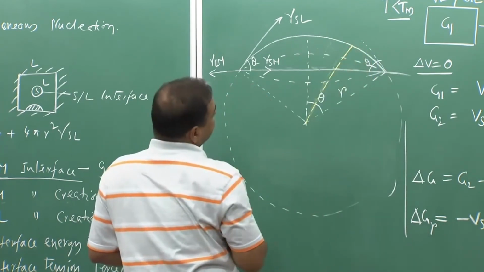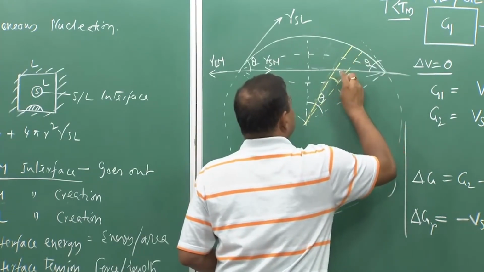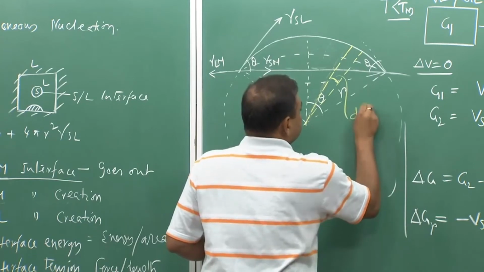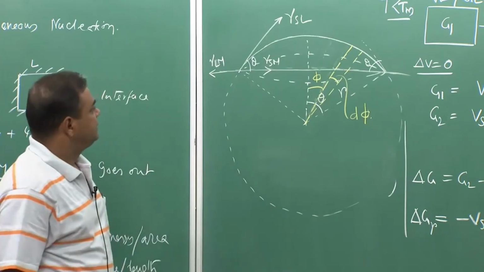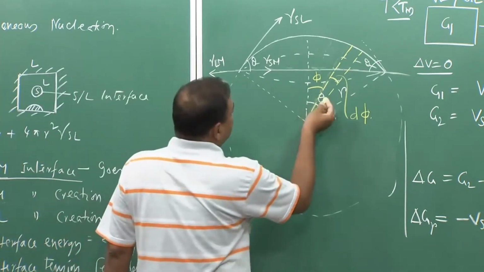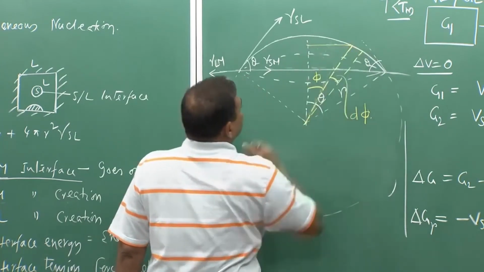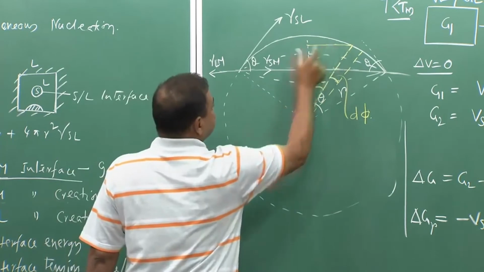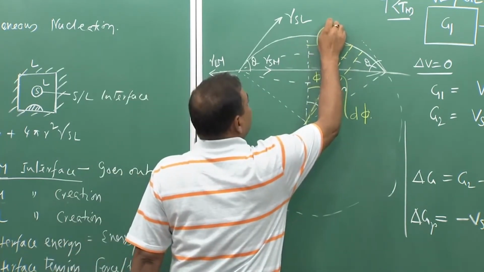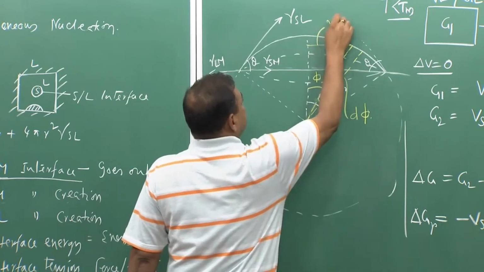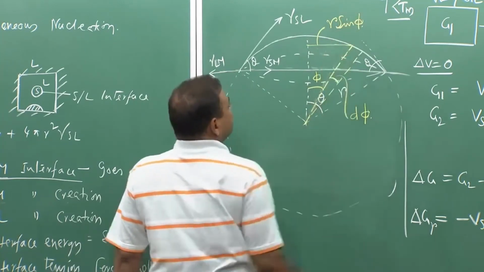If I take this particular segment, this is to be d phi, and if this is angle phi, then I will just do the integration and then we will get the value. For example, if I try to do the length calculation of this particular length, you will see that this term would come r, because this is r sin phi.